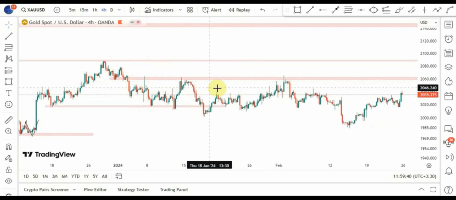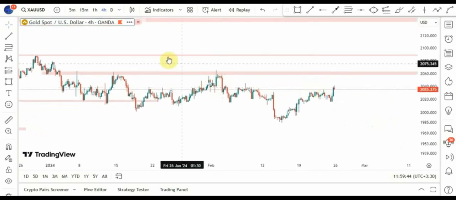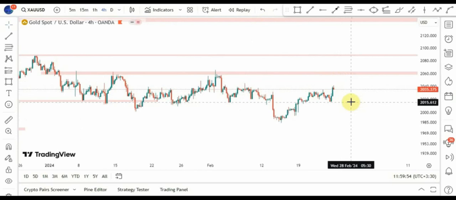We have 3 touches on this zone. Now the price of gold is 2035. If the price tries to go up, 2060 will not be a very rough resistance on the way of gold, and it can easily be broken to the above.